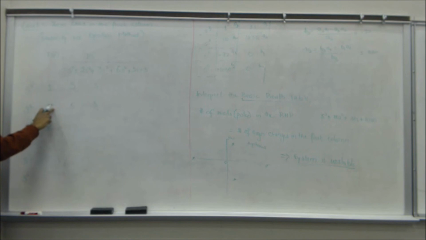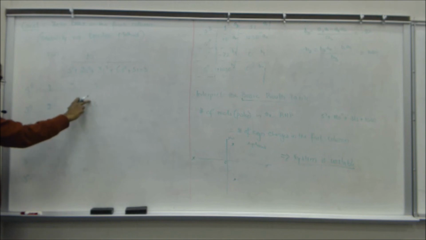Over 2 doesn't matter. Now you go to this one. It would be 6 times 5 minus 3 times 3 over 6.